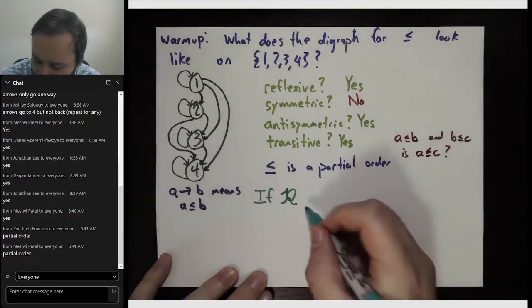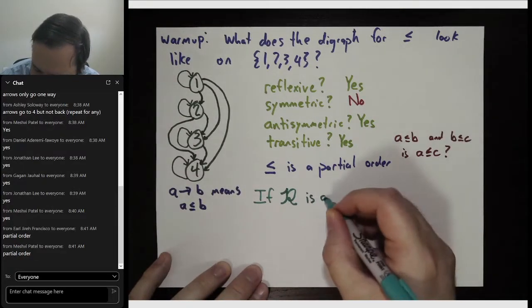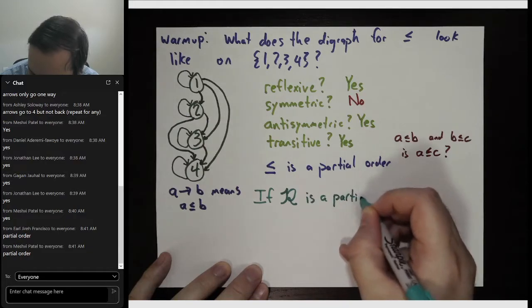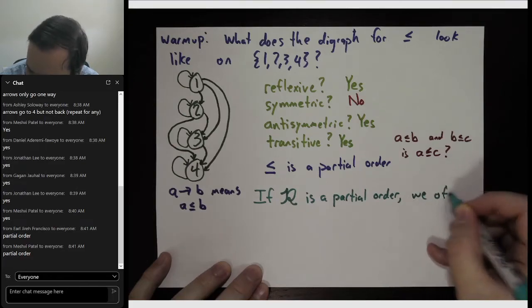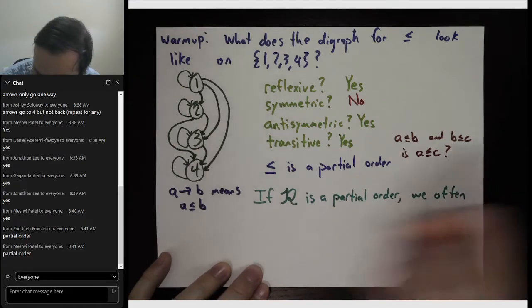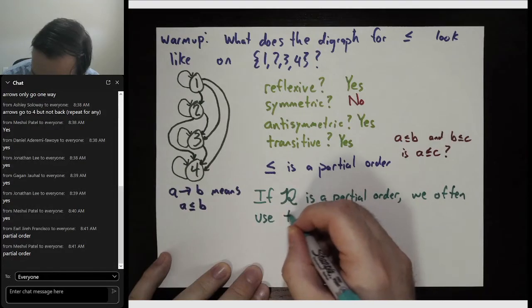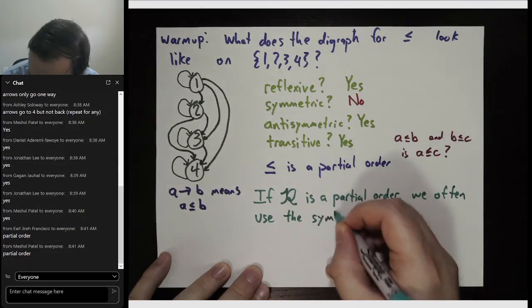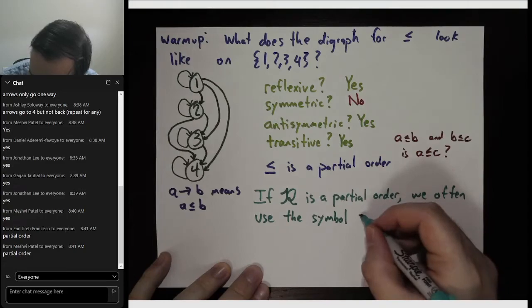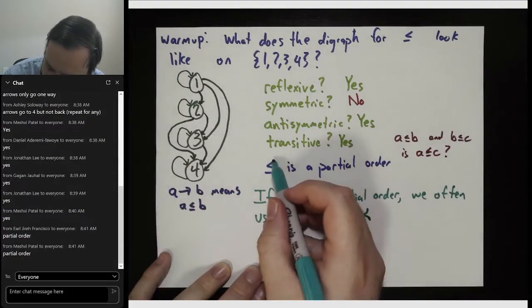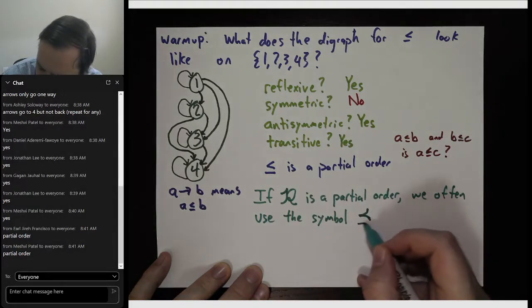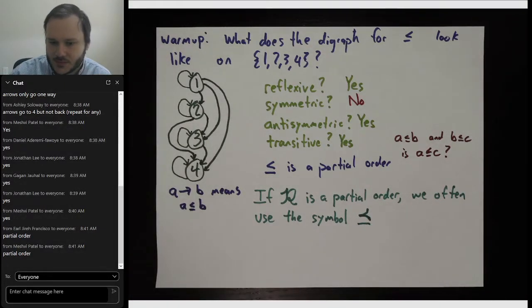But if fancy R is a partial order, we often use the symbol, it's like a less than or equal to, but instead of a nice sharp angle, it's like a curly angle. Also a little bit hard to draw with a Sharpie. But that's the symbol we use that you might see.